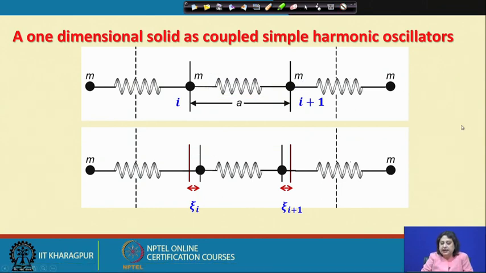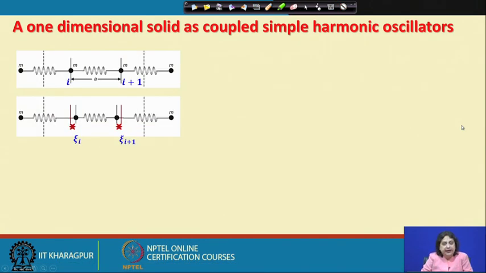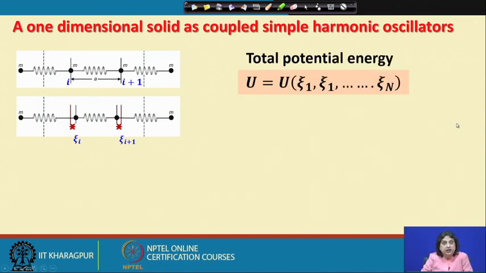So, what I understand is, because of the connected nature of the movement of the atoms, the total potential energy as the atoms move about is going to be a function of ψ_1, ψ_2, etc. up to ψ_N.